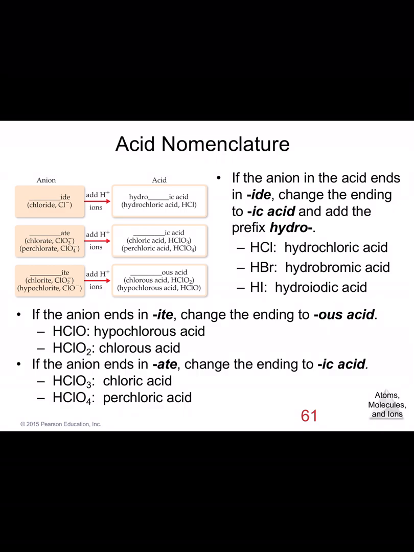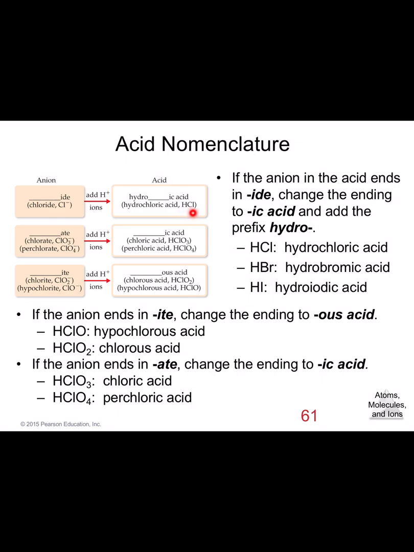Those are the anions, and these anions can come from an acid. If you add hydrogen, it becomes an acid. For the chloride anion, you add H plus and we call that hydrochloric acid. It's a binary acid, meaning there are two elements, hydrogen and chlorine.